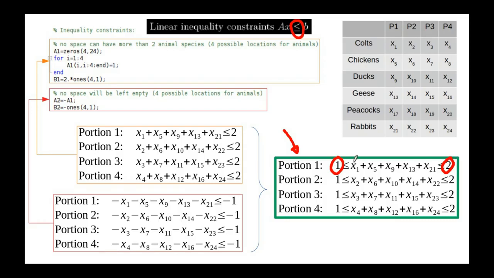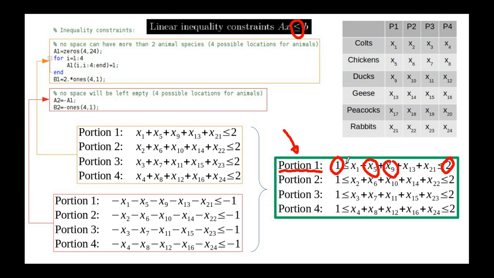This x1 means cows in portion number 1. That's why, because I am talking about portion number 1. As you can see here, cows in portion number 1. What about the chickens in portion number 1? Is x5, as you can see here.